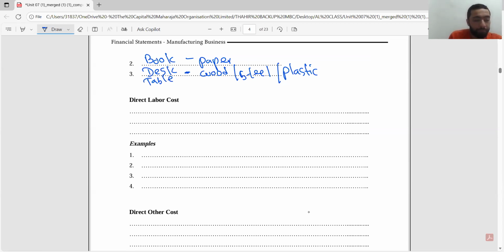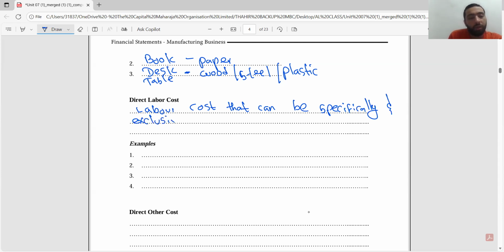Direct labor. Labor cost that can be specifically and exclusively identifiable in the finished product.